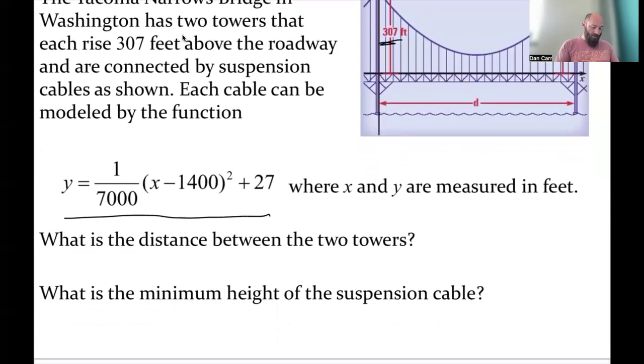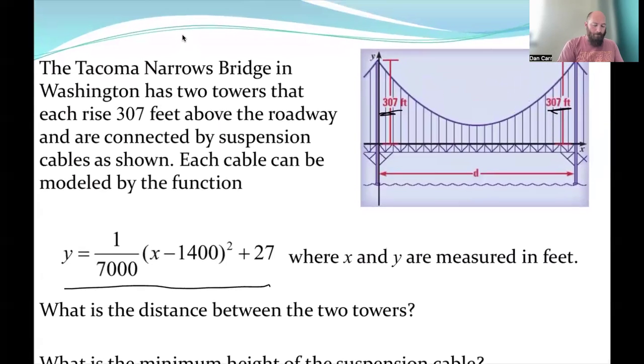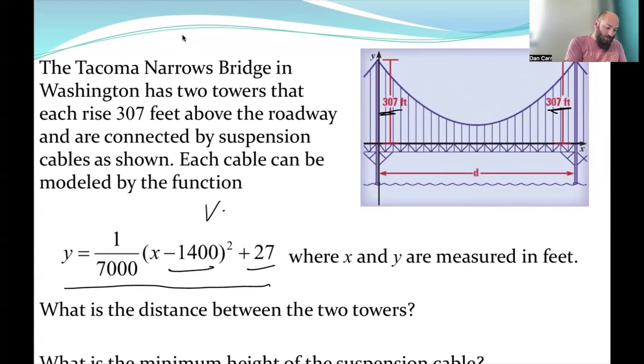So let's see here. Okay, so we're going to think this through kind of logically here. First thing I want to do is I want to find my vertex. I know it from here and here. My vertex is at the point (1400, 27). So what that means is, I should have been a little bit more clear with how x and y are measured, but it's measured in feet, like from here.